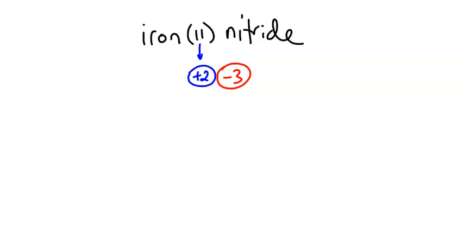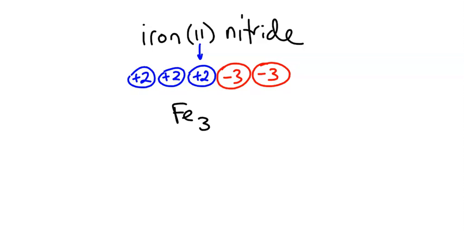So what we can do is as soon as we get that odd one, if we make that an even one, so now we got a total charge of -6 because we have 2 -3s put together. Now we're going to need 3 +2s. So Fe3N2.